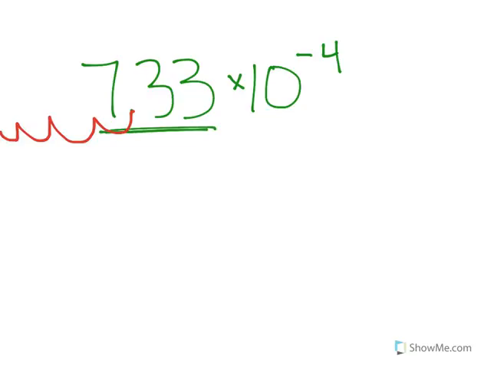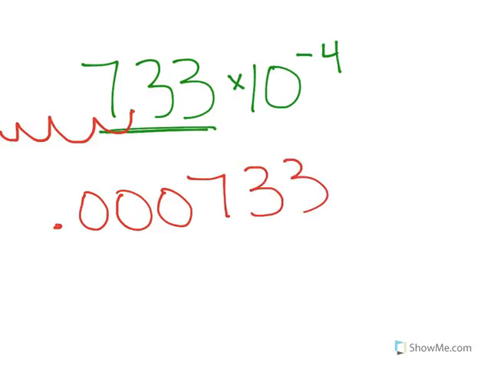So we would have to add 3 zeros. 1, 2, 3, and we would have this number. Now this is the tenths, hundredths, thousandths, 10,000ths, 100,000ths, and this is the millionths. So I do know how to read this number.